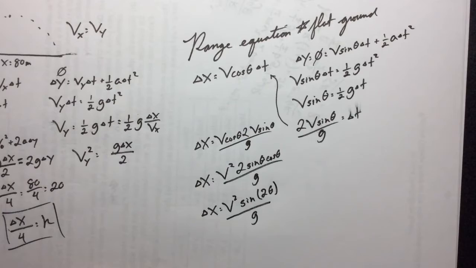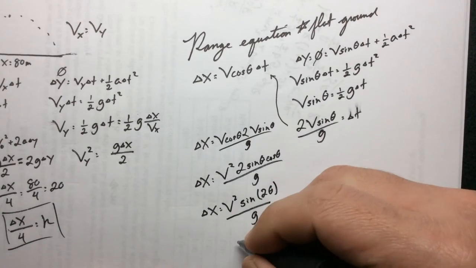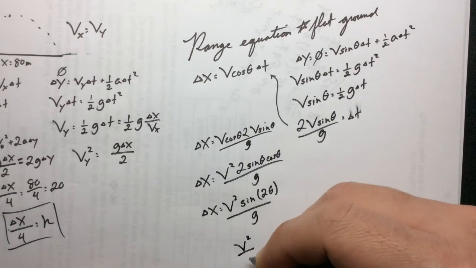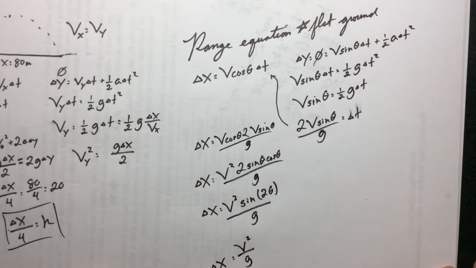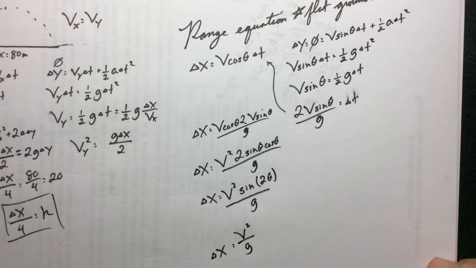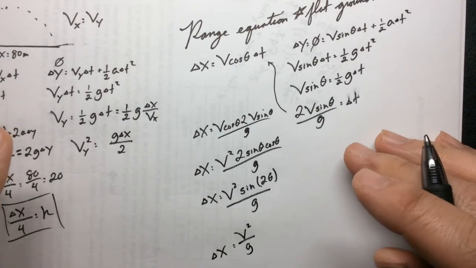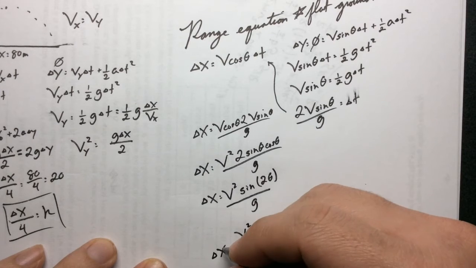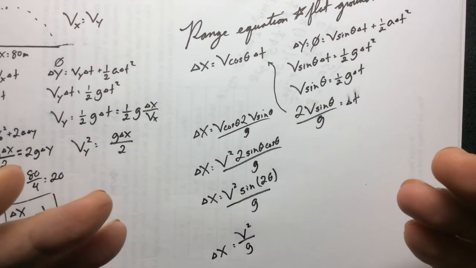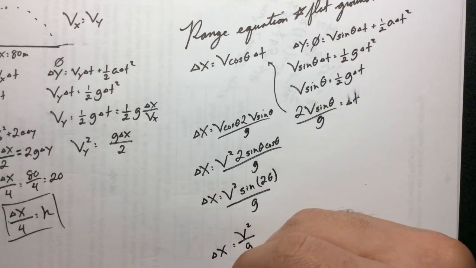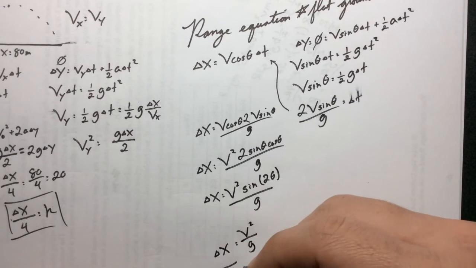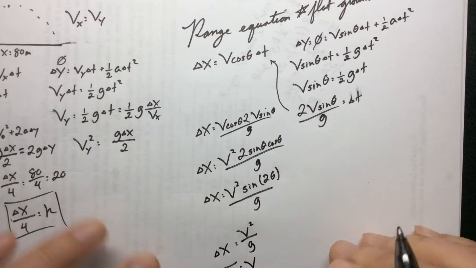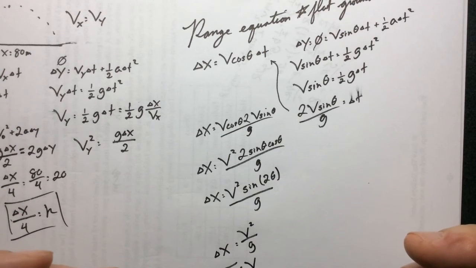So we get v squared divided by g is equal to the delta x. Now, in this problem, we know that delta x is 80. So I've got 80 multiplied by g, that's 10, so that's going to be 800 square rooted. The velocity in this problem is going to be the square root of 800.